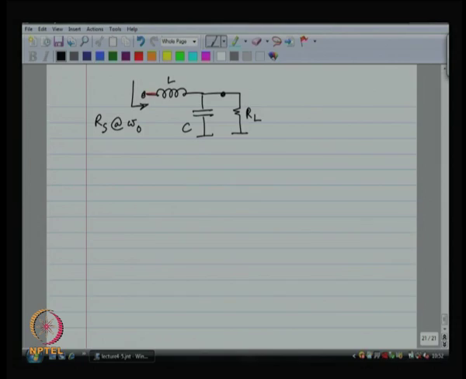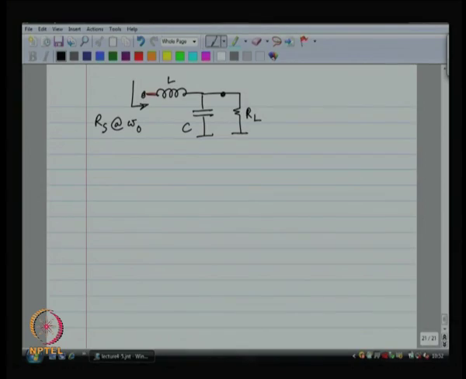And this transformed capacitor needs to resonate with the inductor at the chosen frequency omega naught, and when it does resonate with the inductor at omega naught, then all you see is the resistance R L divided by 1 plus Q squared, that is all you see, right.